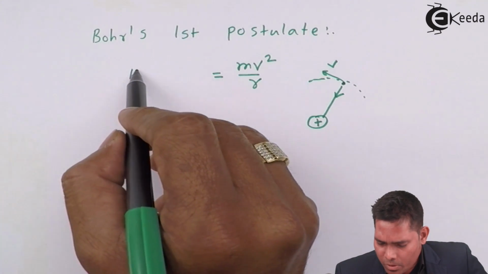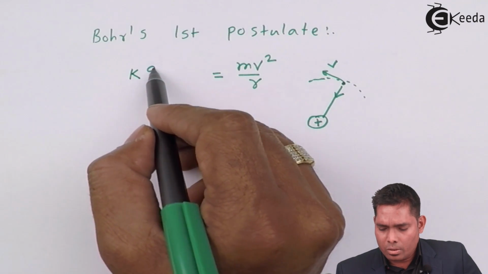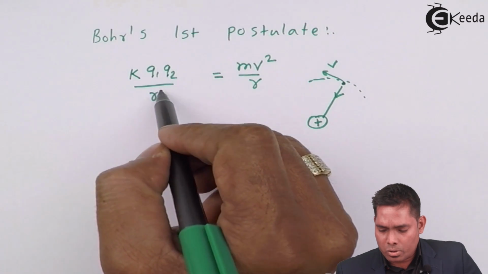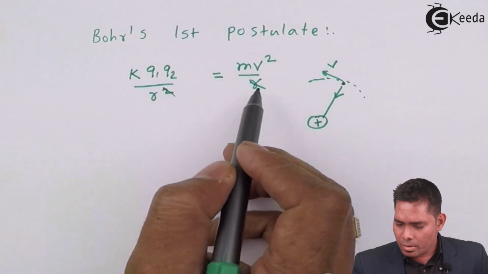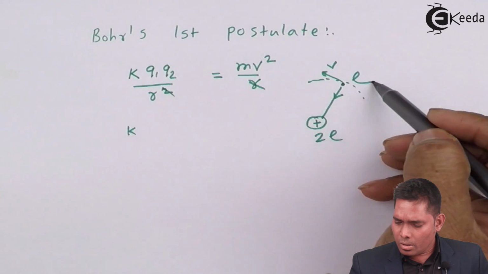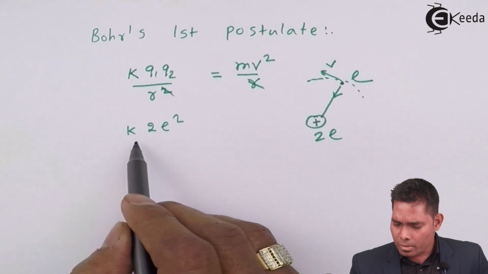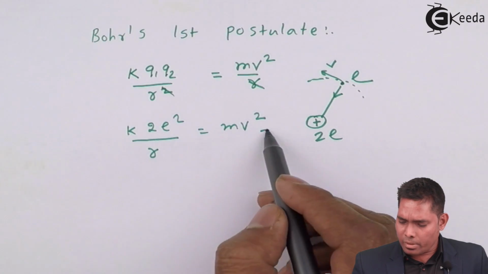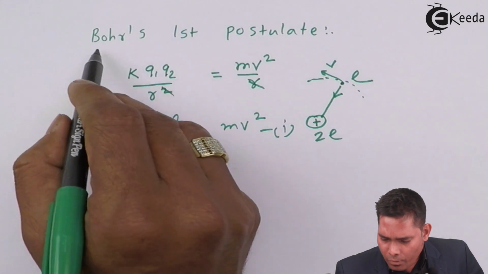From Coulomb's law, the electrostatic force is K Q1 Q2 over r square. One r cancels. K Q1 Q2, this is 2e, this is e, so it is 2k e square divided by r, which equals mv square. I will take this as equation 1, and this is the first postulate.